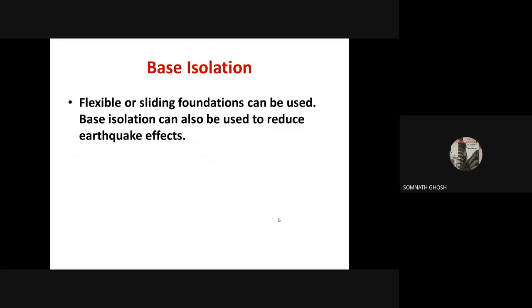As a result, the effect of that earthquake on the building from every aspect will be within limit. People are spending huge money on these base isolation systems also. Not that popular in India.